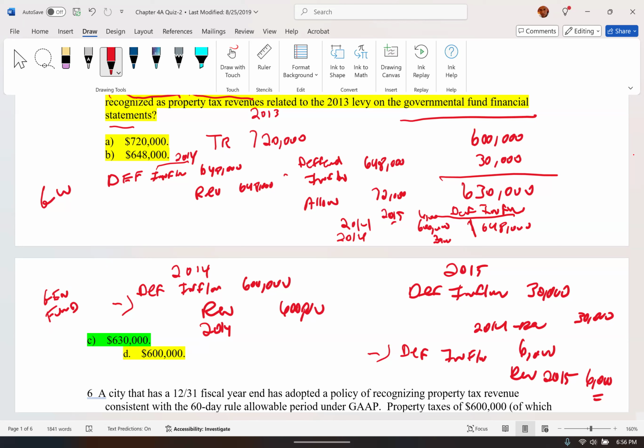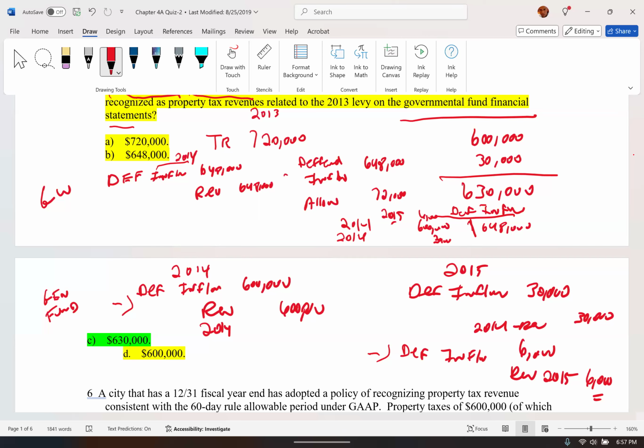How much is left? 648 minus 636 is 12,000, right? That 12,000, I can't tell you from this problem when they're going to collect it.